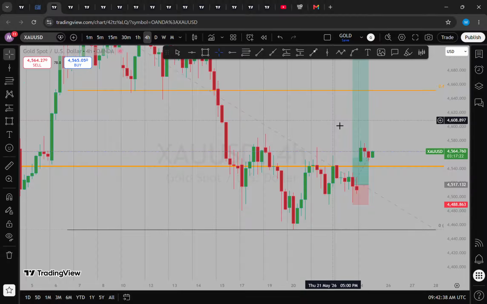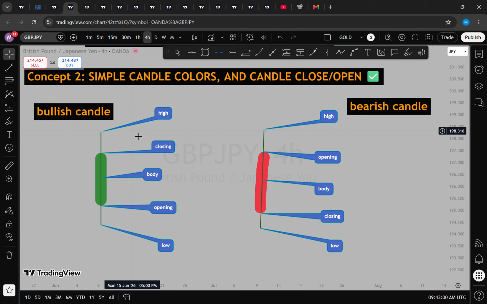Candle patterns involve a series of different candles like doji, engulfing candle patterns, harami, hammer, and so on. So far so good. We've been able to understand the highs, the body, the closing and opening of a candle. As simple as that.